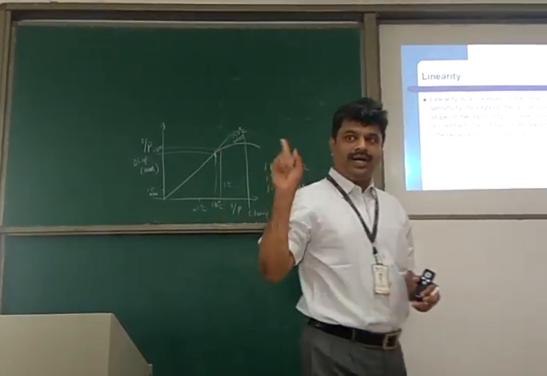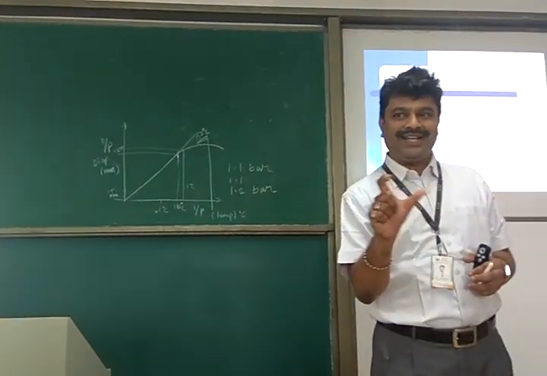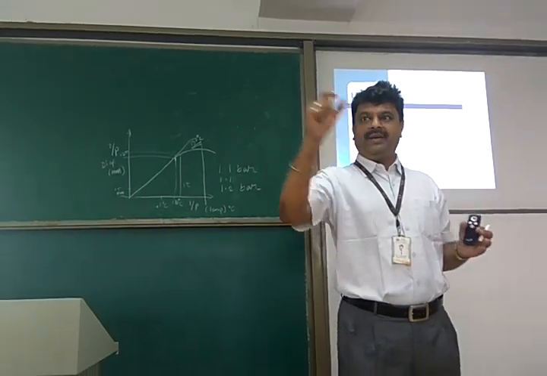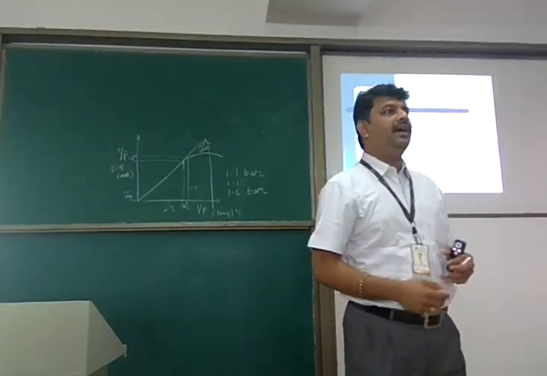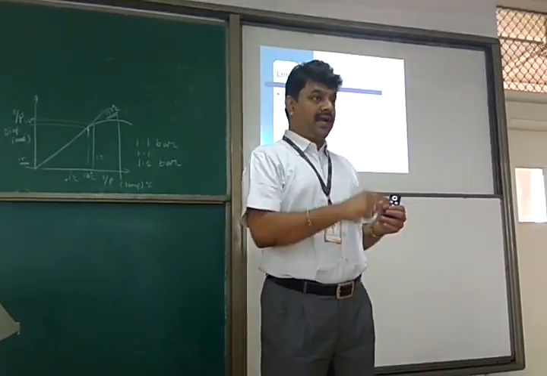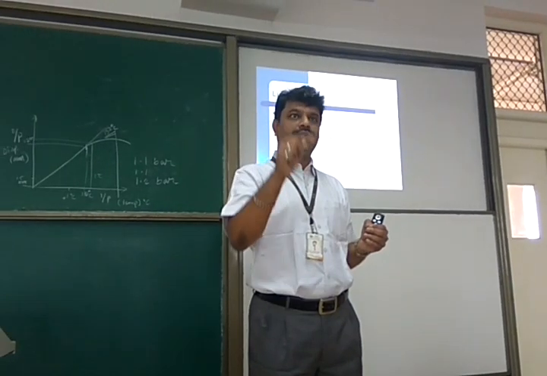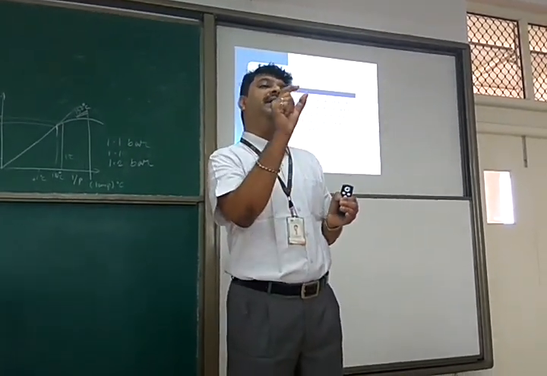We are talking about an instrument which is linear for smaller values, and after that the readings become small. Some analog meters have a non-linear scale. Initially, for smaller readings, you will see the graduation is bigger.